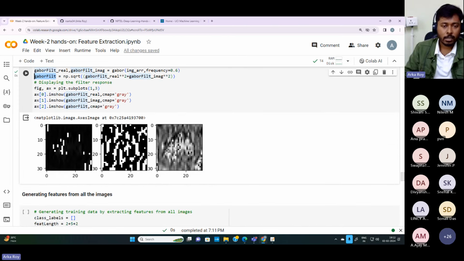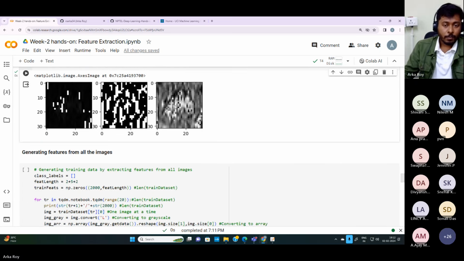So these are the features that we have extracted, and again you can extract similar properties like entropy and energy by extracting the histogram, as we have done in the case of local binary pattern, gray level co-occurrence matrix, etc. Now we have seen the feature extraction for a single image. Now the total number of images is 50,000 in the training data set.